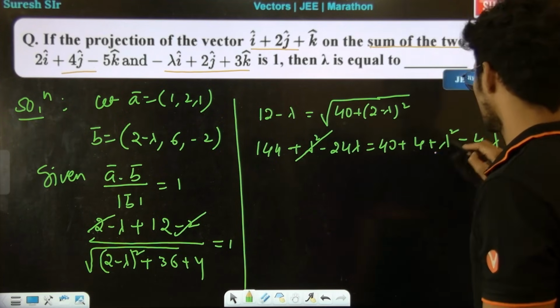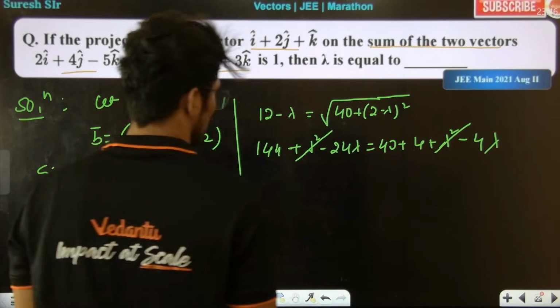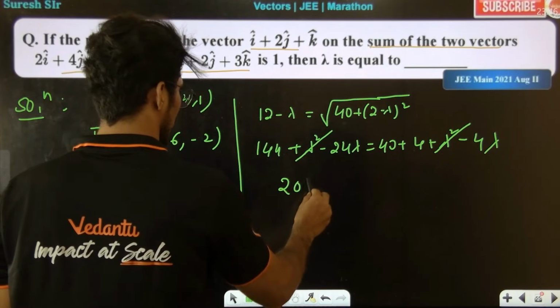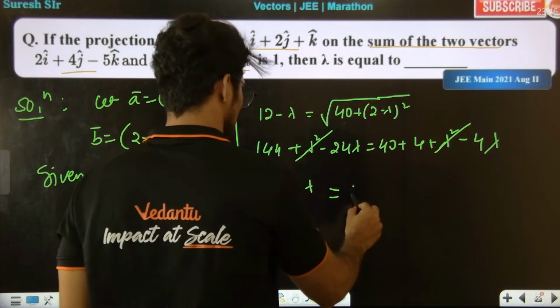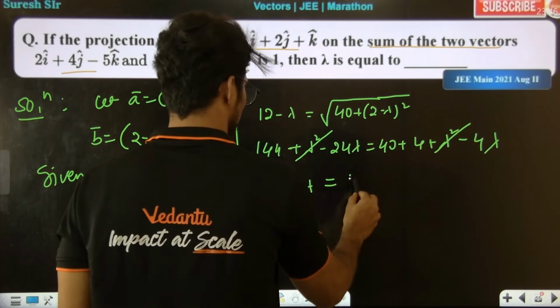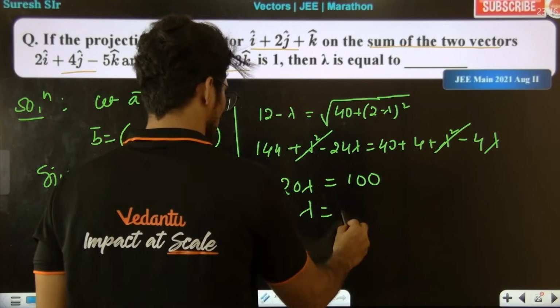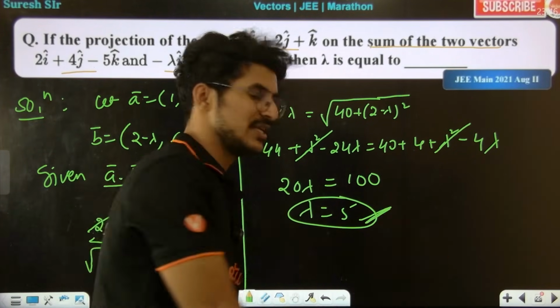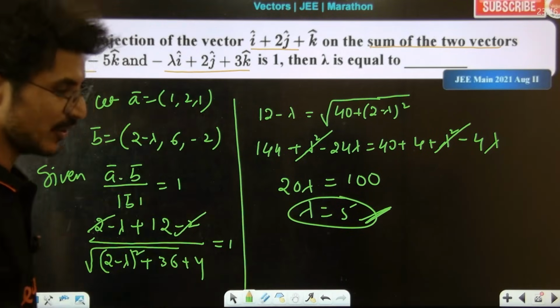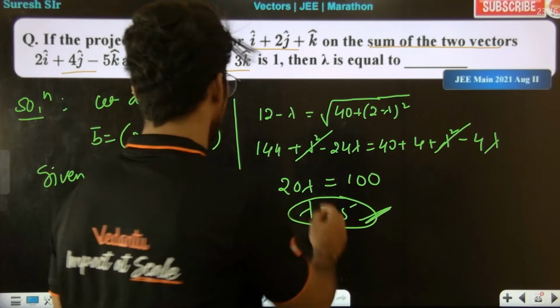So lambda square cancels. 24 lambda minus 4 lambda means 20 lambda, so 100 is equal to 20 lambda. So lambda is equal to 5. Lambda value is 5. That's it. How simple it is. Any doubts? Hope you understood this.